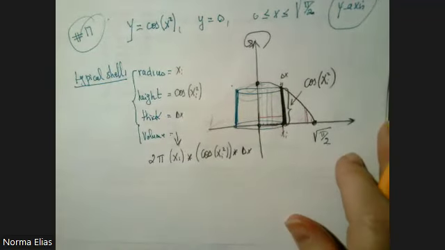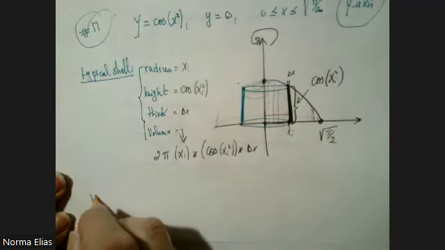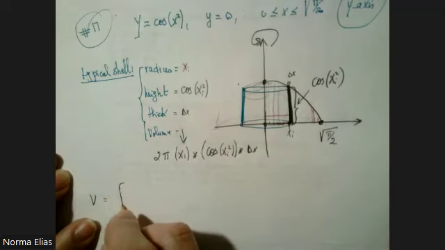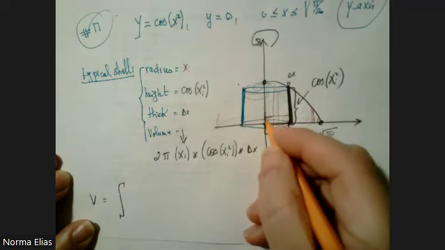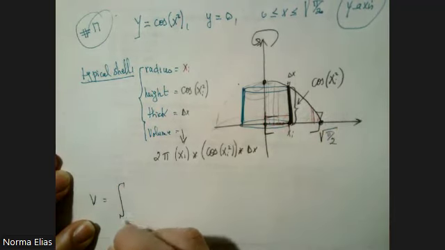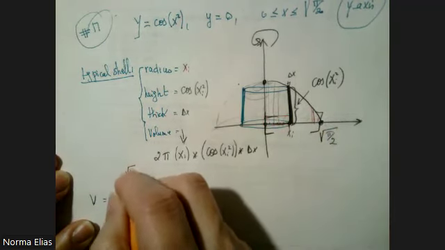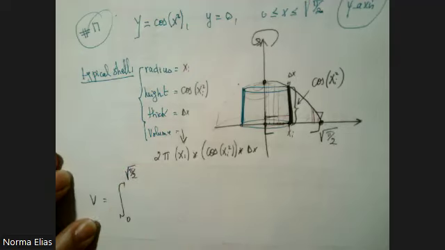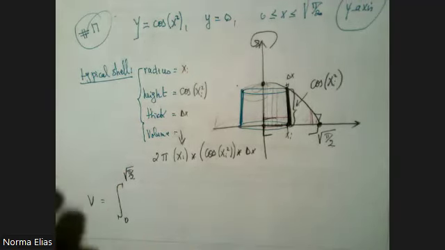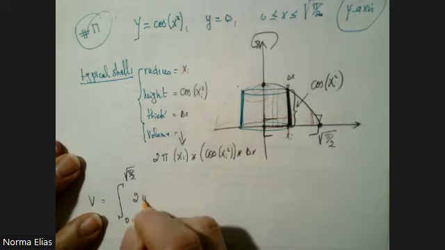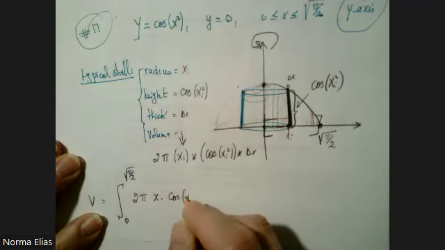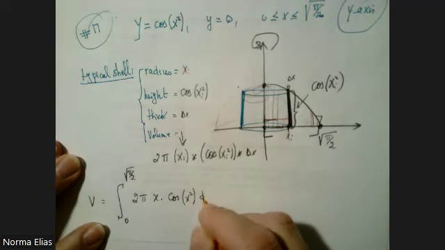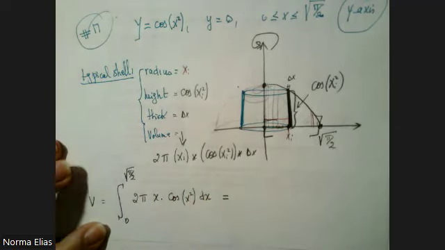So now the volume of the whole thing is the integral from... Now they gave me everything, so the integral is very clear. It's from 0 to the square root of pi over 2 of 2 pi x cosine x squared dx.